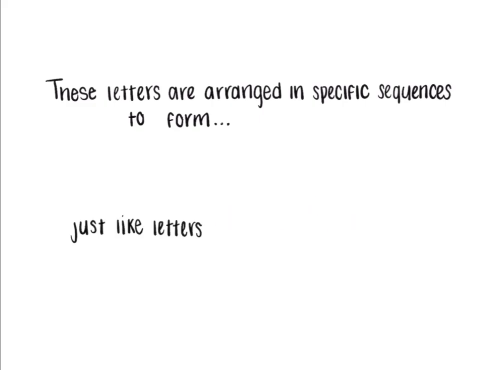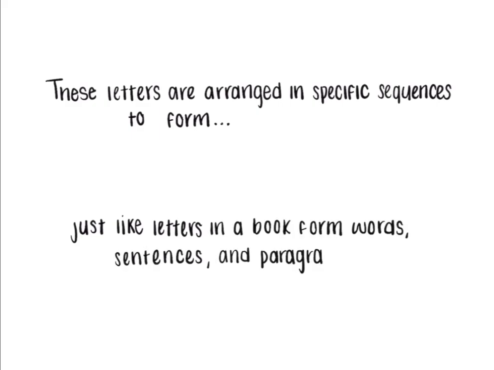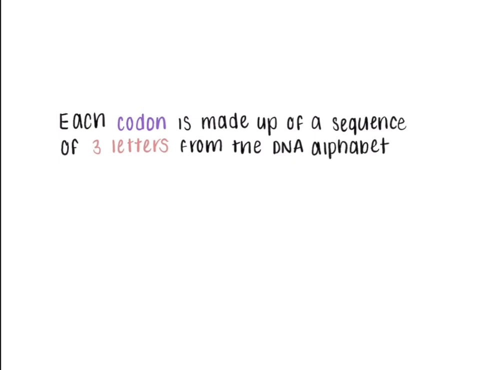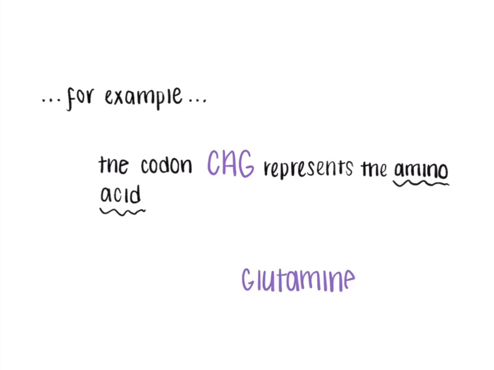Just like how letters in a book form words, sentences, and paragraphs. Codons can be seen as words in the language of DNA, and each codon is made up of a sequence of 3 letters from the DNA alphabet: U, C, A, G. For example, the codon CAG represents the amino acid glutamine.